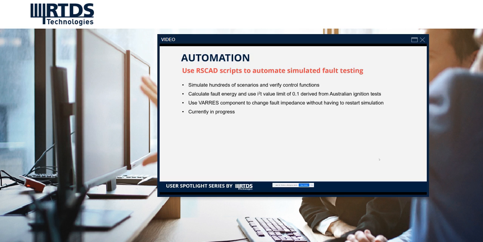We're using a target of 0.1 for the I²T value. This was derived from ignition tests performed in the state of Victoria in Australia. Based on this value limit, it gives a 90% risk reduction for ignition.